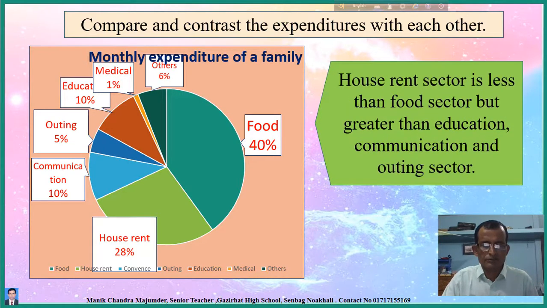Again, you can say house rent sector is less than food sector but greater than education and communication and outing sector. You can see communication and education in the same position but less than food and house rent sector.